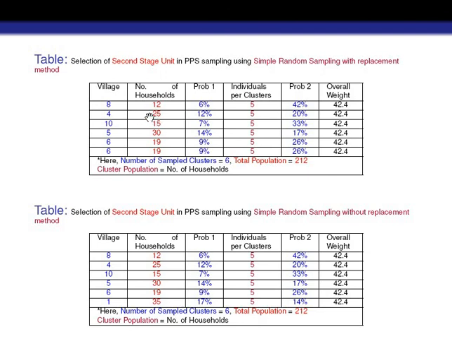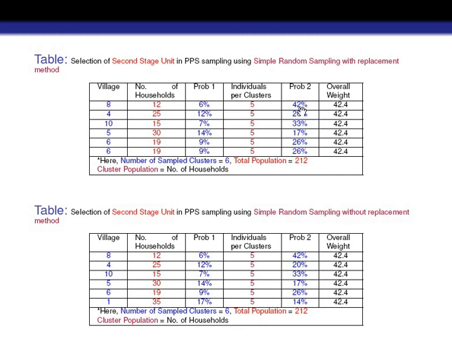Why? Because in cluster 4 the size of the population is bigger than cluster 8. We have already said that in the primary sampling unit, bigger clusters have a bigger probability of being included in the first stage unit. In the secondary stage unit, individuals from bigger clusters have a smaller probability of being included. These two probabilities compensate one another.